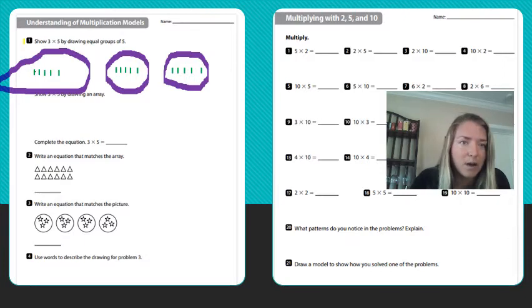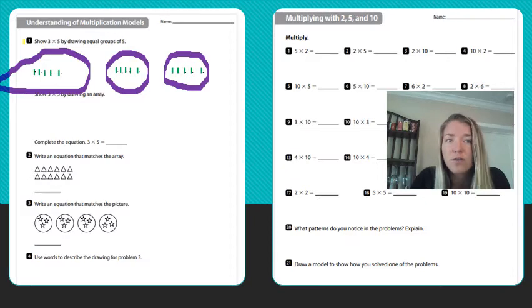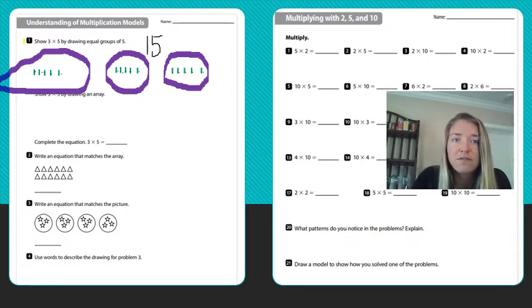Let's count. 1, 2, 3, 4, 5, 6, 7, 8, 9, 10, 11, 12, 13, 14, 15. So my answer for 3 times 5 is 15. There is a total of 15 green lines or green tally marks.